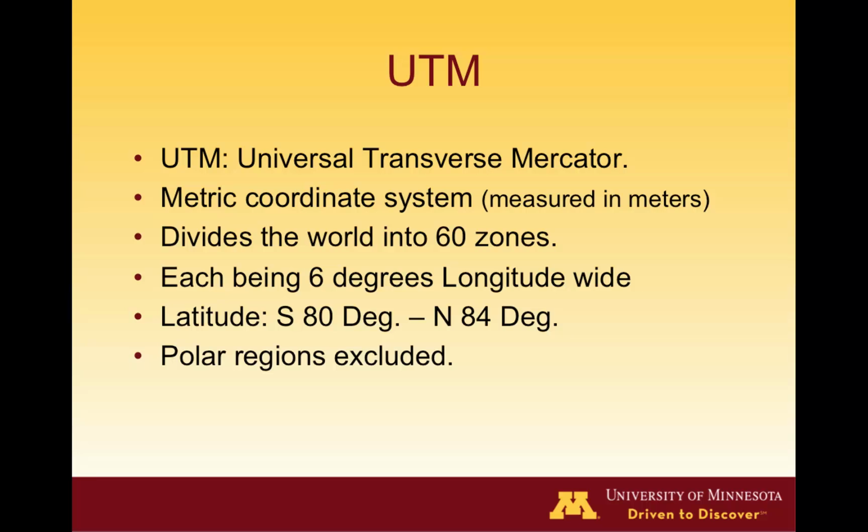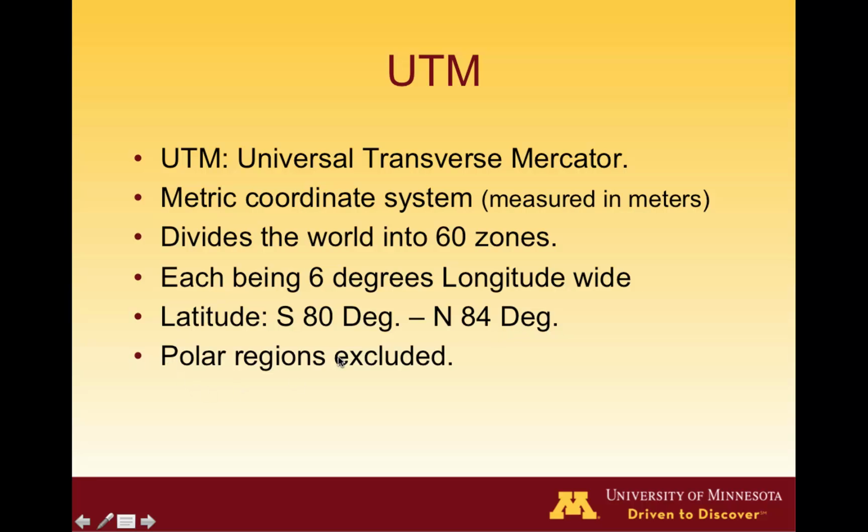UTM divides the world into 60 zones, each being 6 degrees longitude wide. Why 6 degrees? Because this whole circle is 360 degrees, and you have 60 zones. Therefore, each zone is 6 degrees longitude wide. And for latitude, it is designed to cover from 80 degrees south to 84 degrees north.